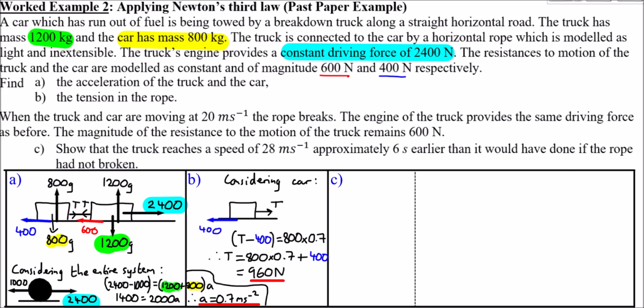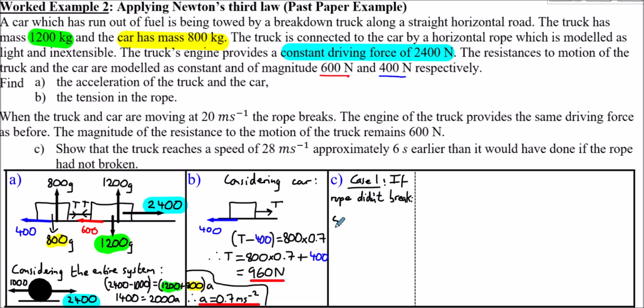Case 1: if the rope didn't break. We're told all forces remain constant, so the acceleration would have been the same. If the rope didn't break, then the acceleration would have been 0.7.